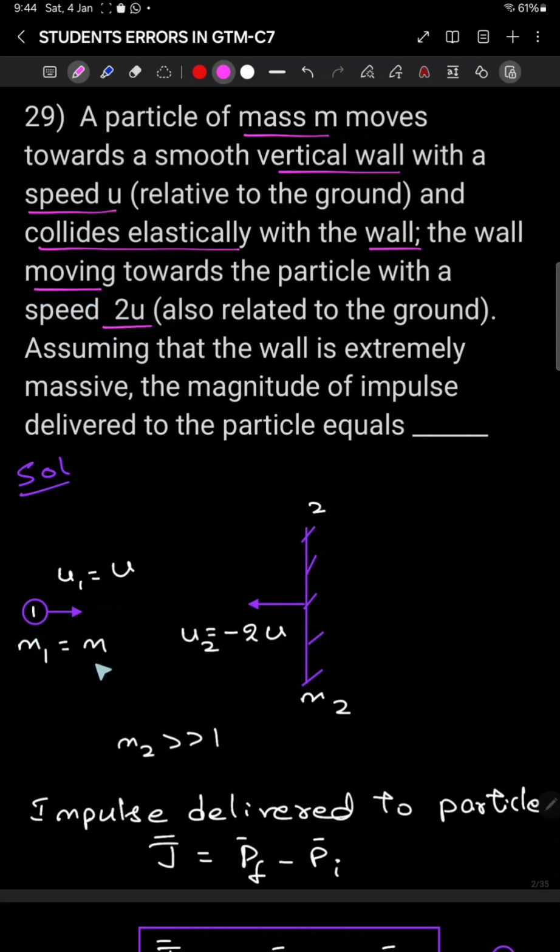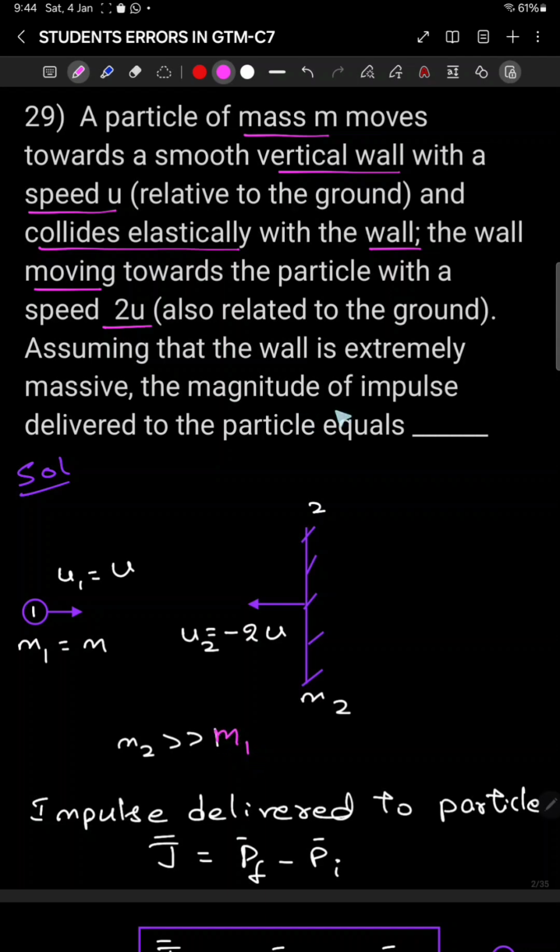Here particle mass m1, velocity was u. Wall mass is m2, its velocity 2u, but they told it is towards the particle. That means opposite direction of velocity, hence I kept minus here, minus 2u. Assuming that the wall is extremely massive, m2 is much greater than m1.